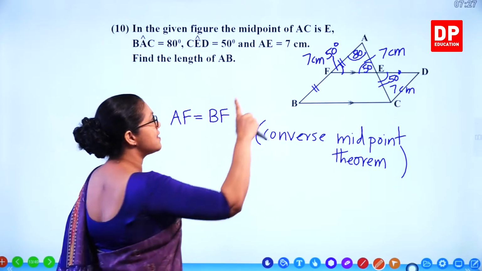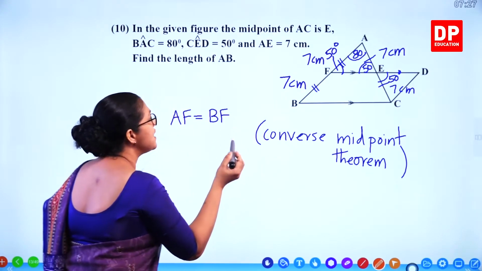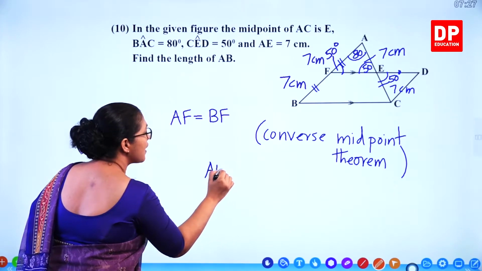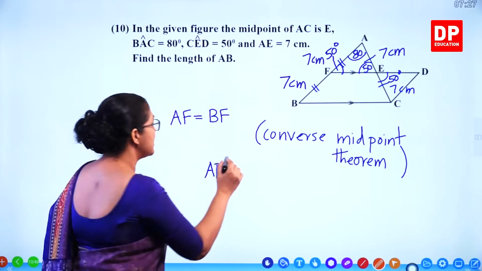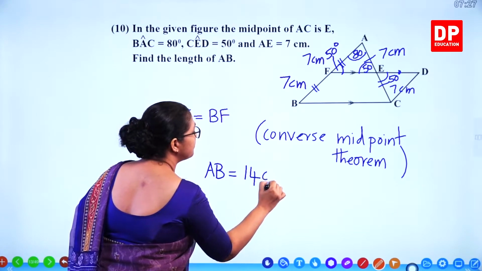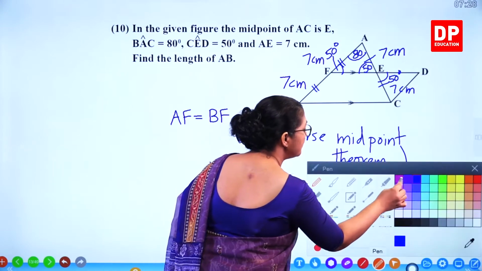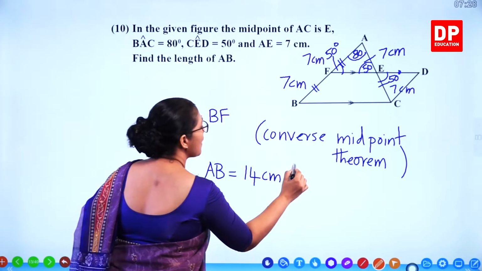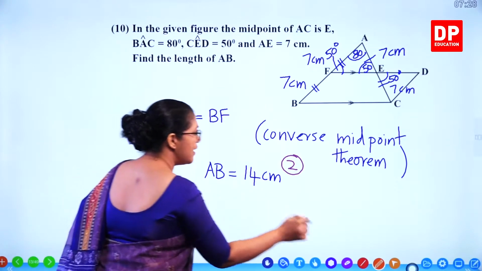So this is 7. So that means this is also 7. So what is the AB length? AB length is 14 centimeters. 7 and 7. So you get 2 marks here for identifying the converse midpoint theorem and the length.